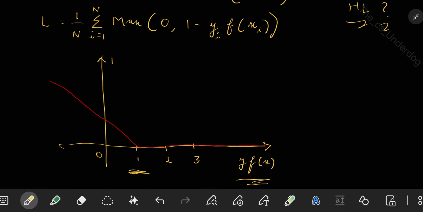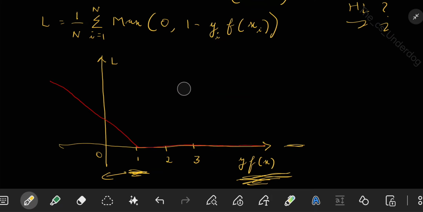See, this axis is loss. So after this point 1, whatever be the value of y into f of x, it doesn't matter, 2, 3, 4, whatever, the loss is always 0. But before that, whatever be the value of y into f of x, be it 0 or any negative value, it is linearly increasing towards the negative side, right?